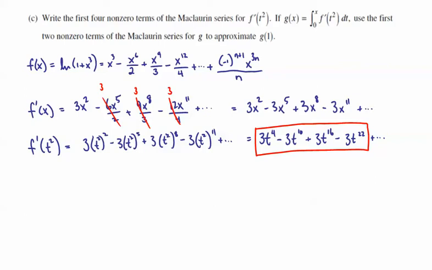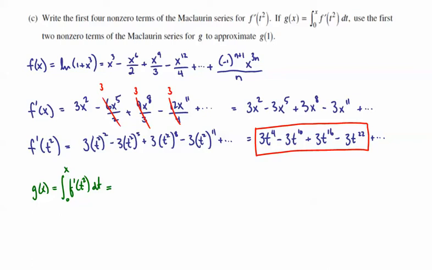Now, for the second part of this, if g of x is equal to the integral from 0 to x of f prime of t squared dt, so it's the integral of the function that we just found, then we want to use the first two non-zero terms of that Maclaurin series for g to approximate g of 1. So let's see, what would g look like?